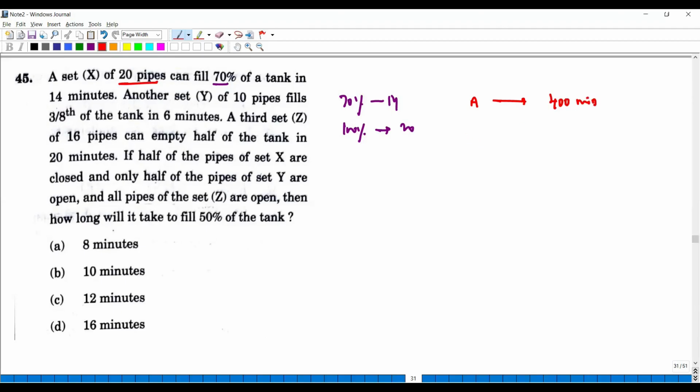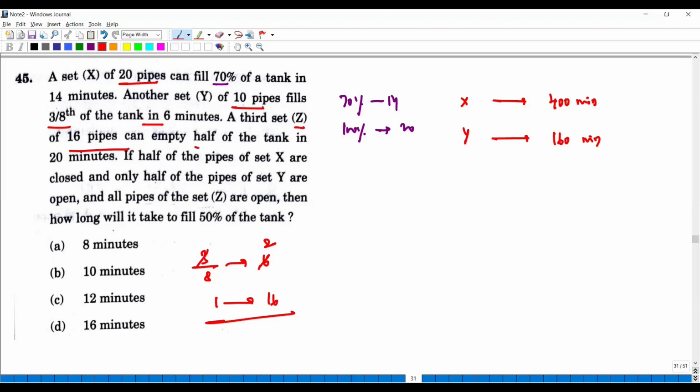That is X. I'll come to Y. 10 pipes fill 3 by 8 in 6 minutes, which means complete in 16 minutes with 10 pipes. Therefore, 160 minutes for each pipe.